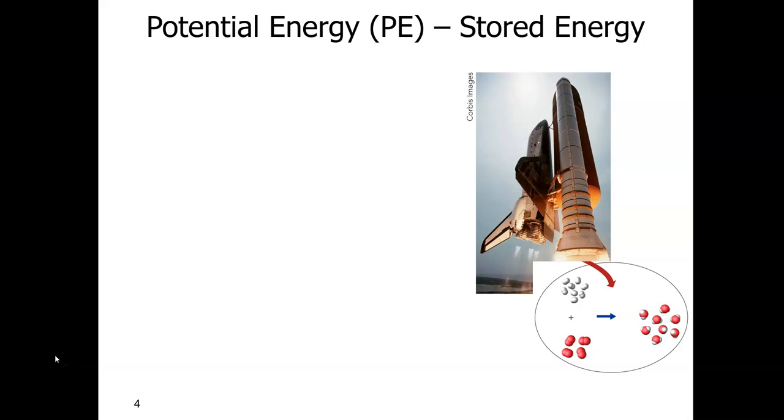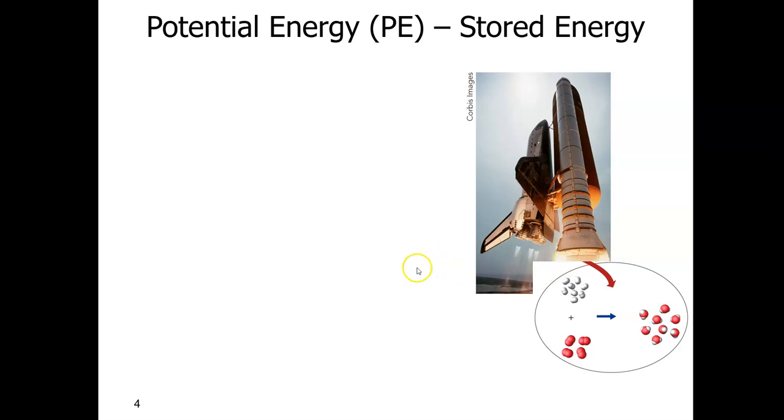More examples of potential energy might be energy in a covalent bond. If we have rocket fuel, for example, in these big rocket tanks, we are going to be able to burn those to produce energy and produce pressure and thrust.